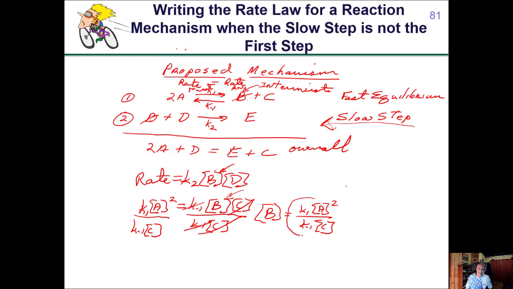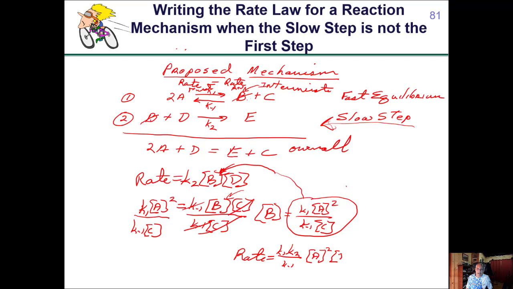So I'm going to take this value that I've just determined and substitute it into the rate law for the second step wherever B is. That gives me rate is equal to k1, and then don't forget the second reaction forward has k2, so this is times k2 divided by k-1, times [A] second order.